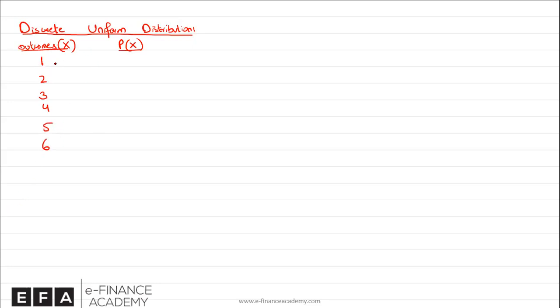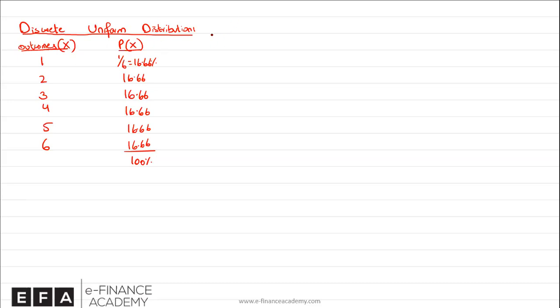What is the probability of getting an outcome of 1? So what is P(1)? The probability of getting 1 is 1 out of 6, which is 16.66%. What is the probability of getting an outcome of 2, which is a single outcome? Again, it is 16.66. So the probability of getting outcome 3, P(3), would be 16.66, and so on. And of course, it should add up to 100%. So P(X) represents the probability of outcome X.